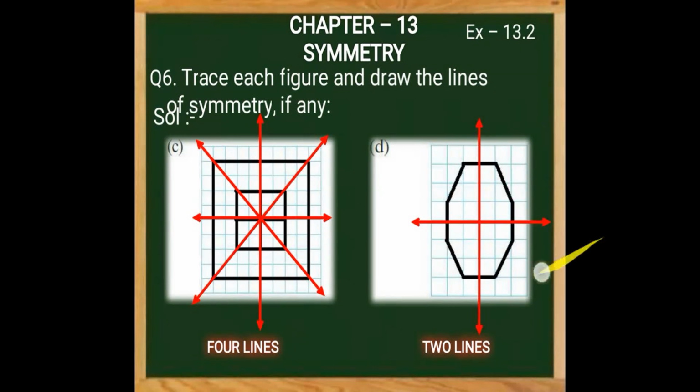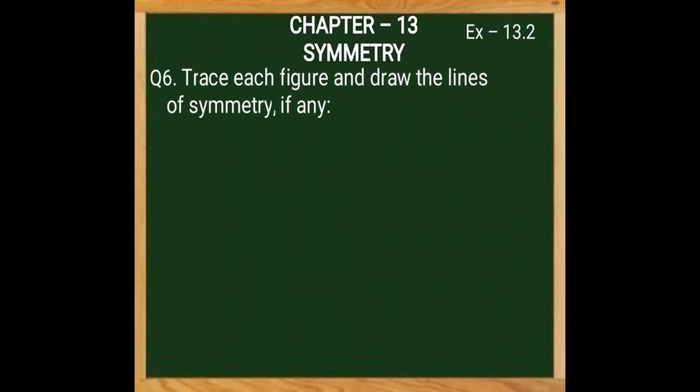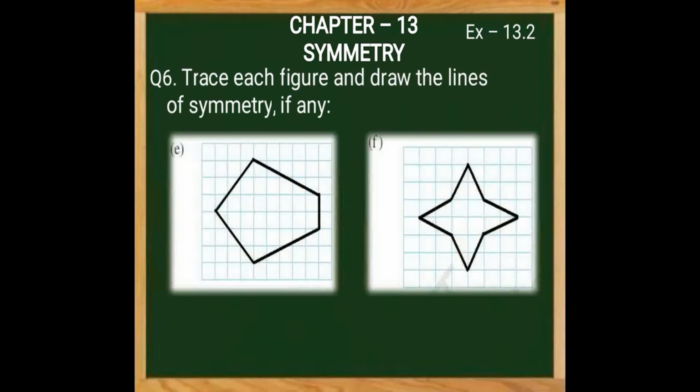Moving to our next part, E and F. Looking at E, it is clear you can have only this possible line of symmetry, because if you try a vertical line of symmetry, one side is a triangle, the other side is a trapezium, so they are not coinciding.